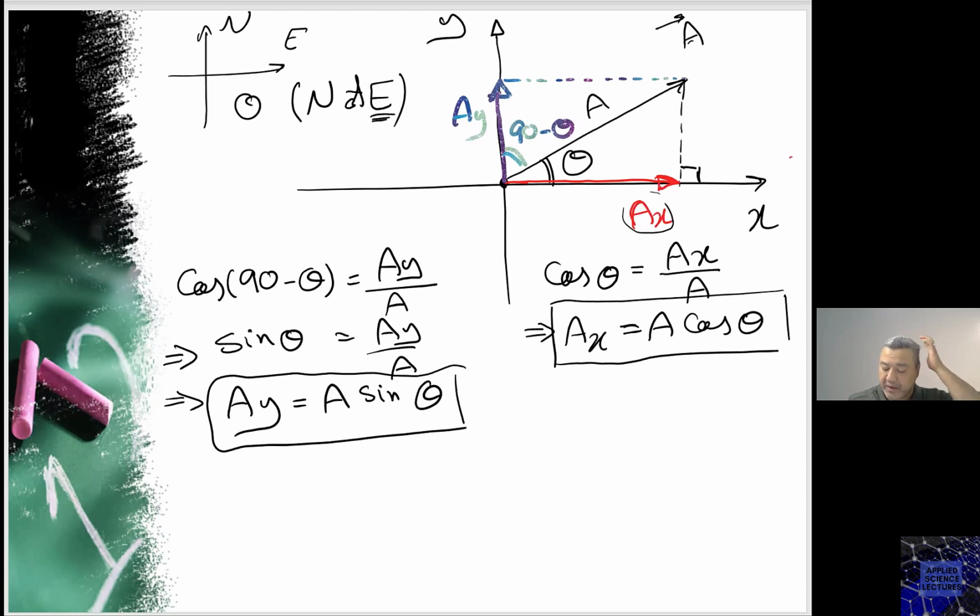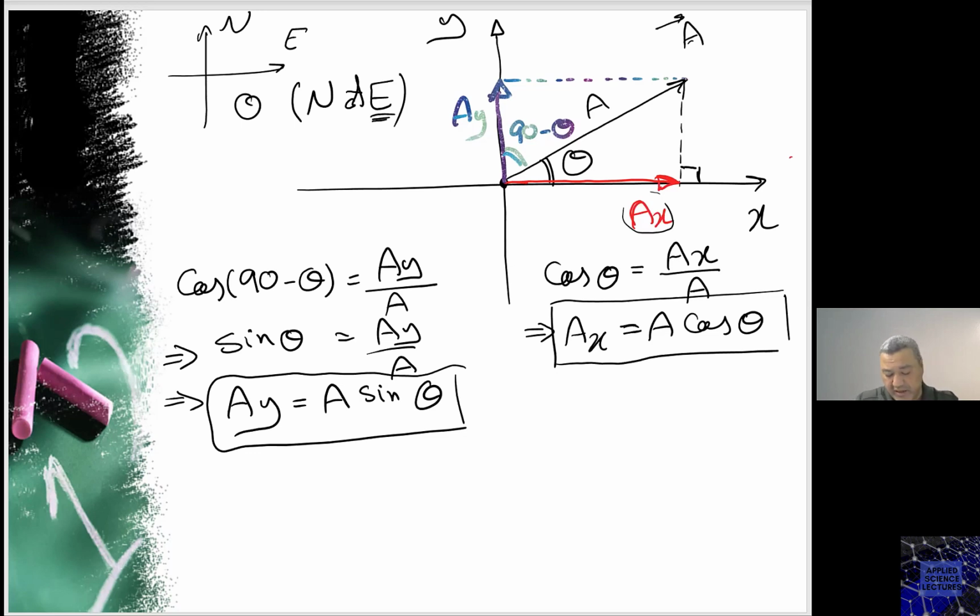Now, I got the projections, and those two components can describe my vector fully. Why? Because knowing the magnitude and the angle gives me the projections, and I can go the other way around and find the magnitude and the angle from those projections.